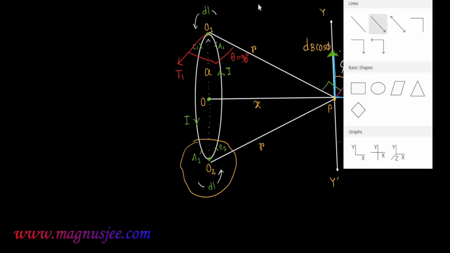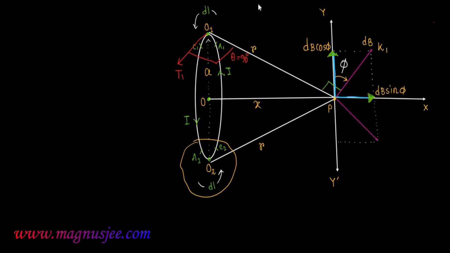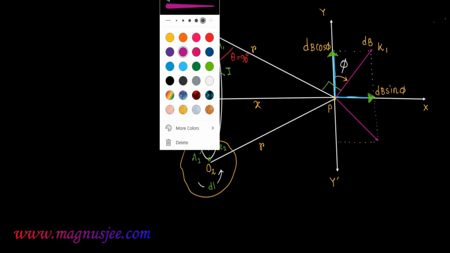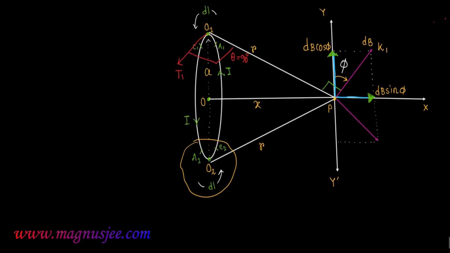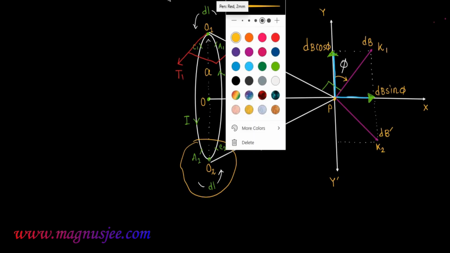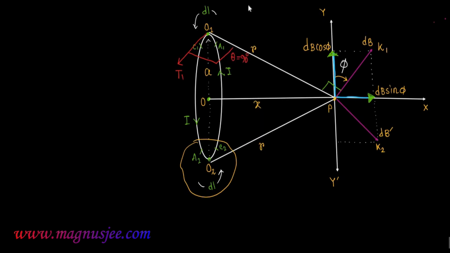This is an imaginary rectangle, and along this diagonal PK2, magnetic field induction dB prime due to the current element A2C2 at the lower edge O2 of the circular coil will be acting. dB prime is the magnetic field induction which is acting along the direction PK2 due to the current element A2C2. This magnetic field induction dB prime acts at right angle to the distance vector r.